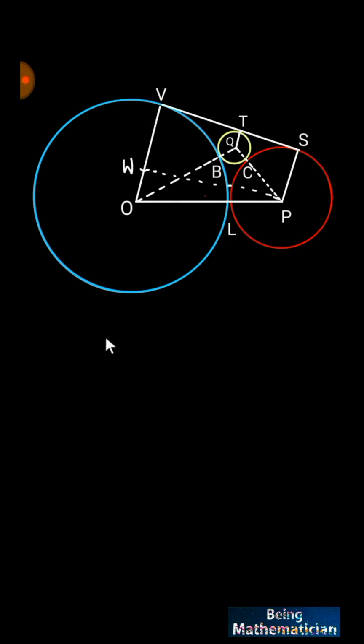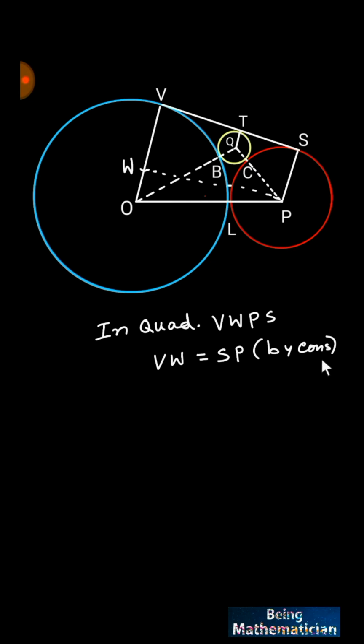So in quadrilateral BWPS, BW is equal to SP by construction, and BW is parallel to SP since BS is the tangent and this is radius, so this angle must be 90 degree. Both angles are 90 degree.